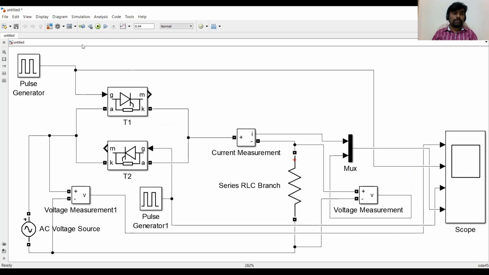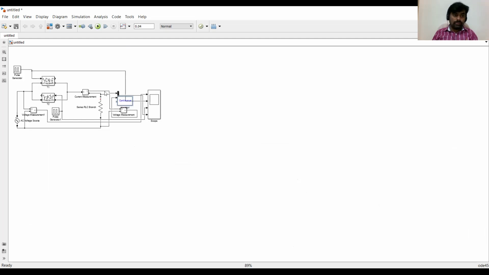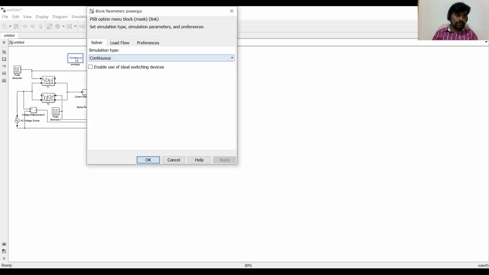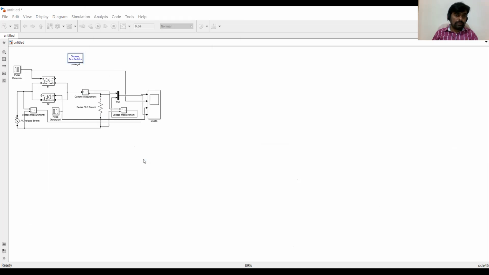So this is the complete circuit. Now in order to run this complete model, I need to have a powergui that will run the complete model. Now we will fix this as discrete type.